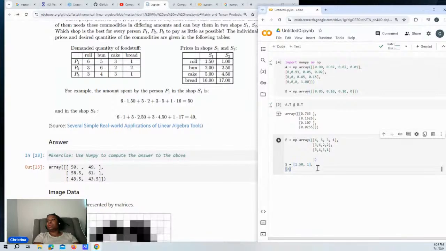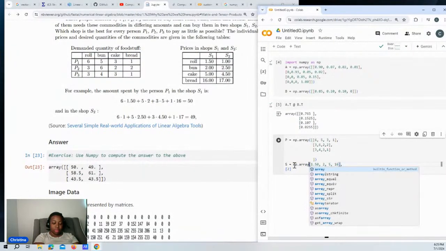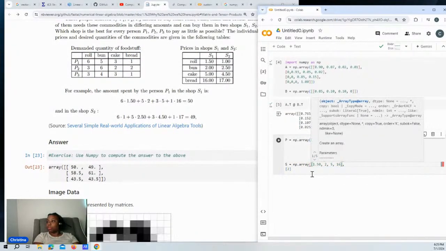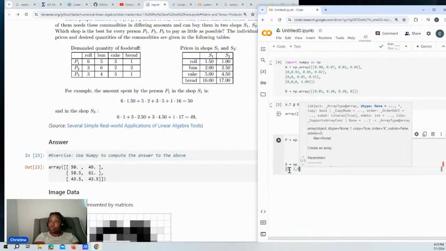That is not right, because shop 1 is going to be 2, 5, 16, 1, 2.5.